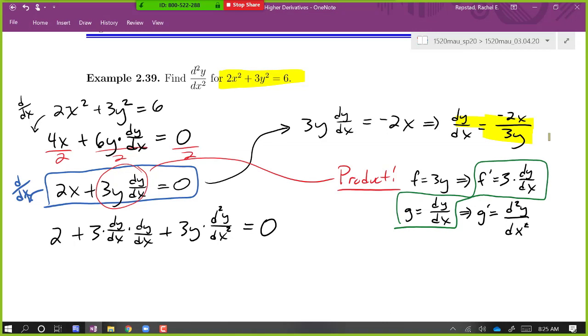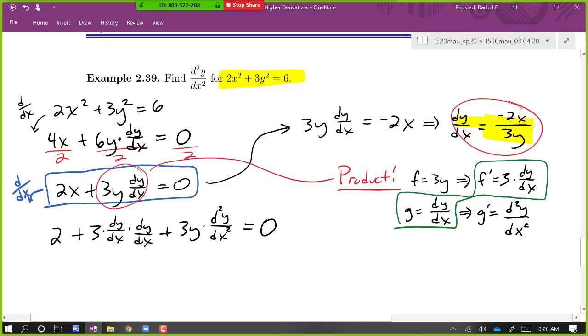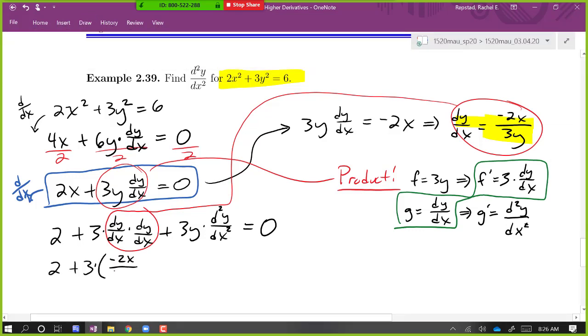So since we found that first derivative already, I'm going to take this and substitute for those dy dx's there. So we get 2 plus 3 times negative 2x over 3y times negative 2x over 3y plus 3y times the second derivative.